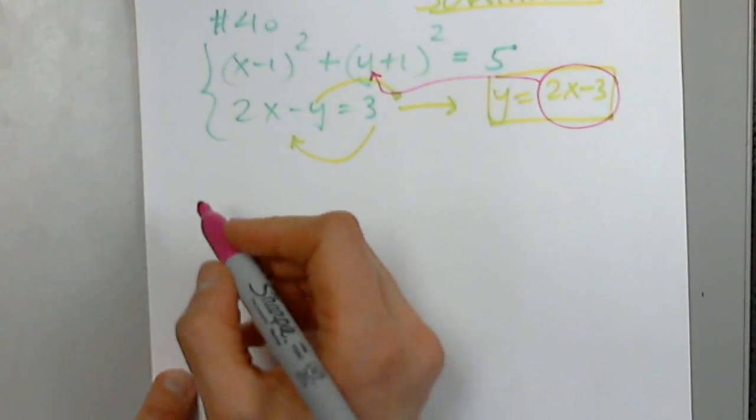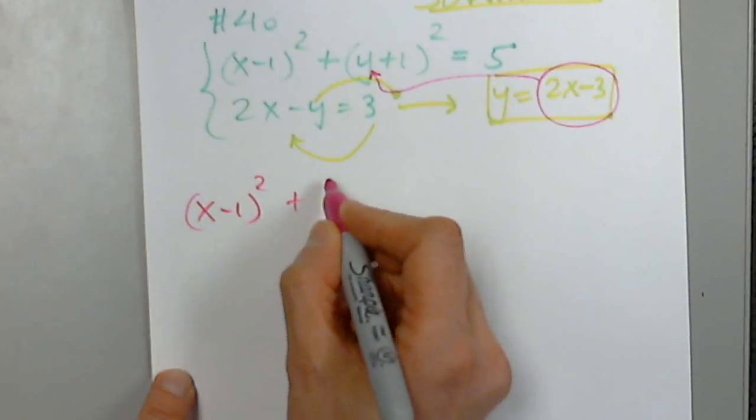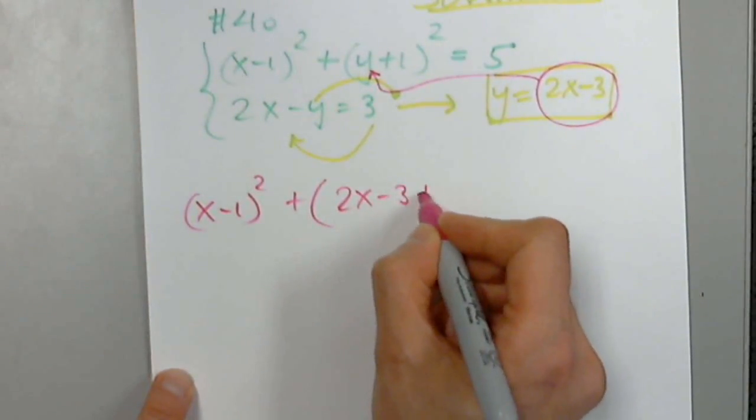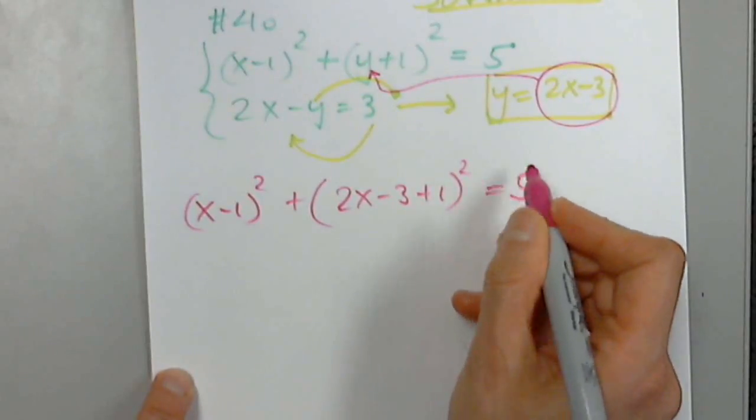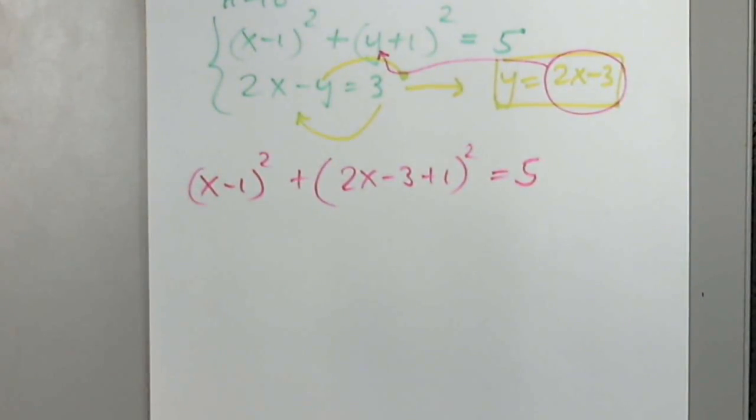Awesome. Thank you. So then (x minus 1) squared plus (2x minus 3 plus 1) squared equals 5. Awesome. What will you say we have to do next?